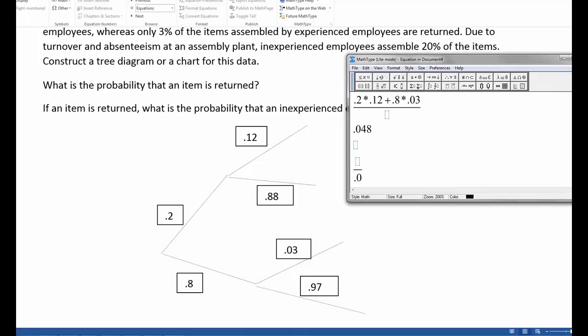Well, of this 0.048, inexperience just counts as the 0.2 times the 0.12. That's the percent that came from just the inexperienced type. So that gives me 0.024 divided by 0.048. So of all the items returned, that works out to be 0.5. So I know half of them, if you tell me they were returned, half of the things that were returned came back from an inexperienced person.